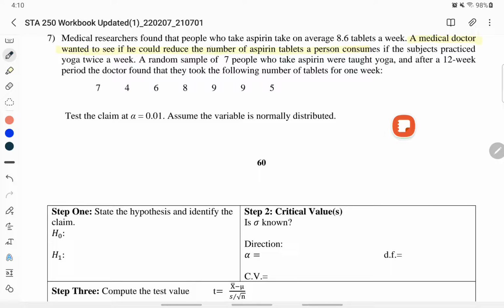We want to reduce the number of aspirin tablets from the average of 8.6 tablets per week. So for our claim, we're going to say that mu is less than 8.6 tablets.